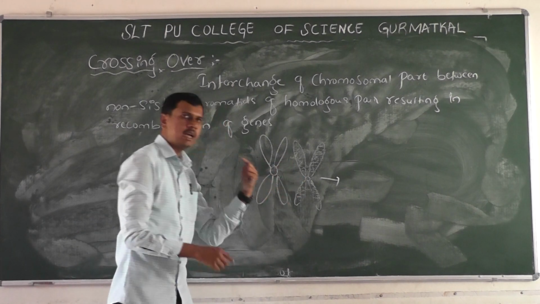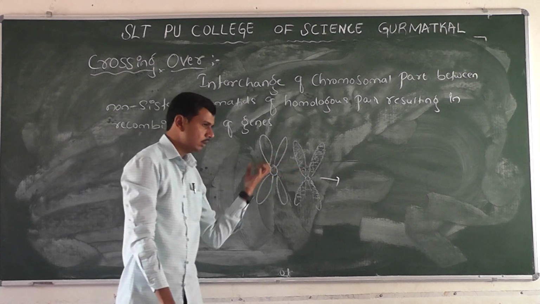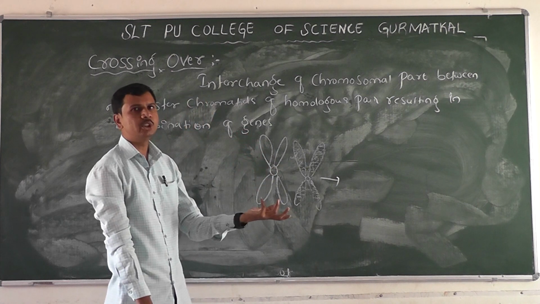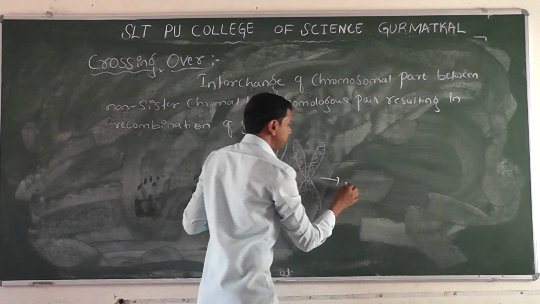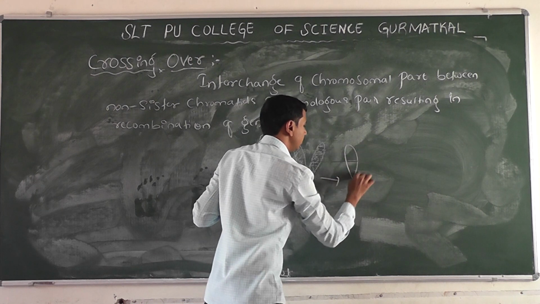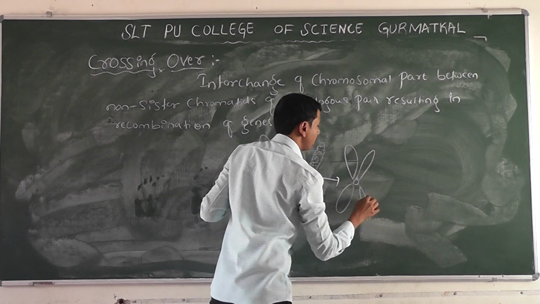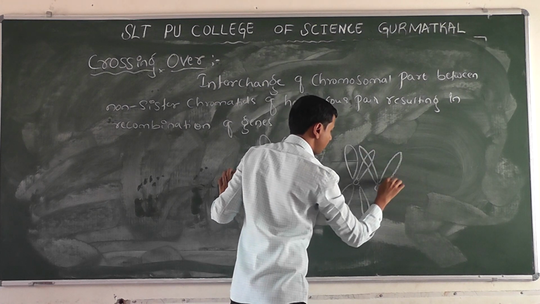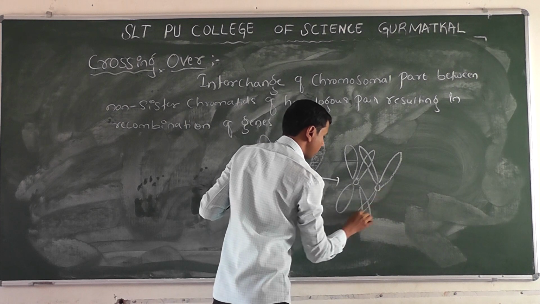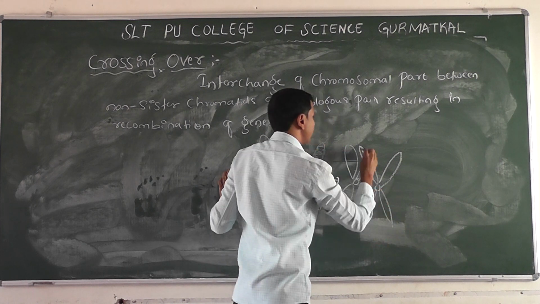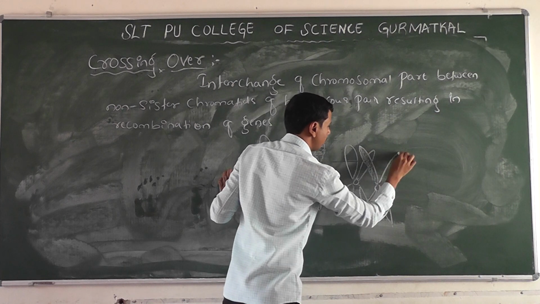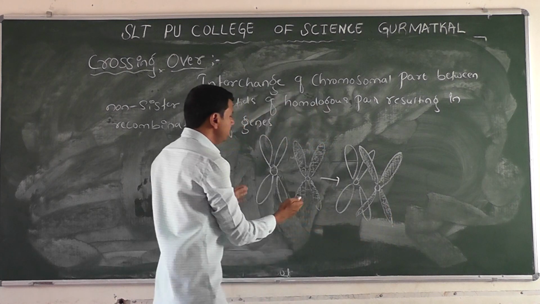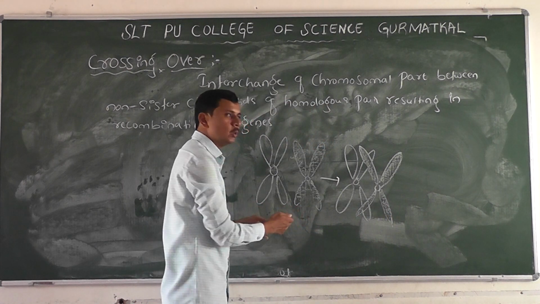Both of them contain genetic material, otherwise genetic information. So in the next step, what will happen to these two non-sister homologous chromosomes?